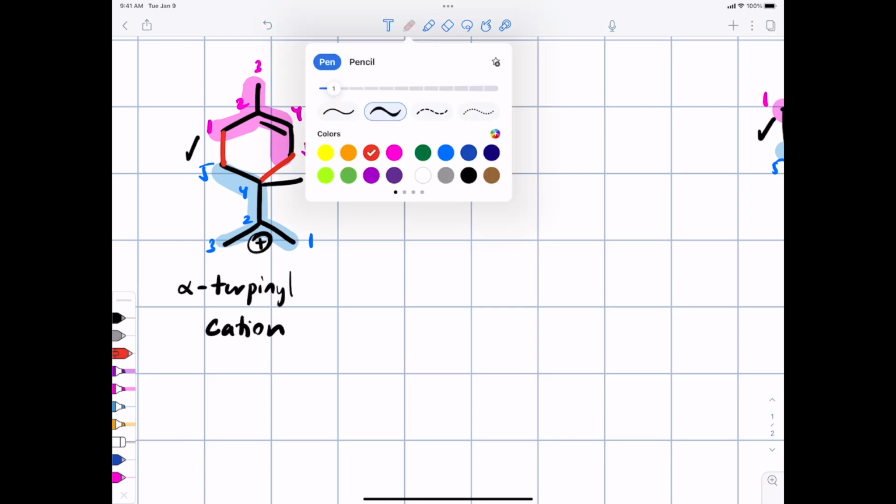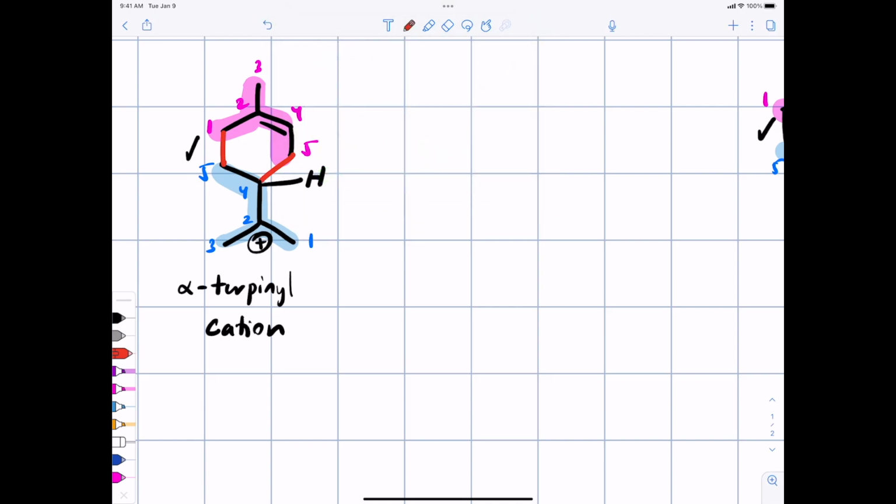And in that case, it's perfectly fine to rearrange a stable tertiary carbocation into a similarly stable other tertiary carbocation. That's a 1,2 hydride shift.